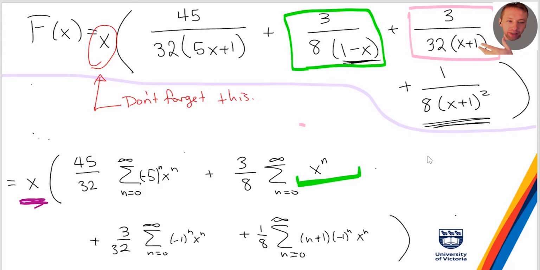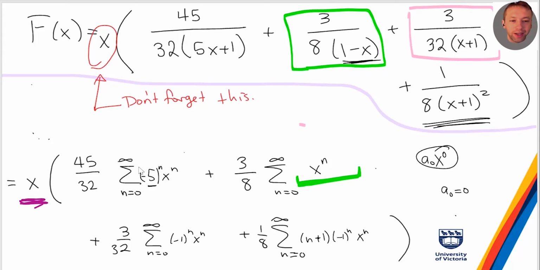So the coefficient of x to the 0 is 0 because of this x. So a0 is 0, but we already knew that. That was our initial condition, so that's good. And for n at least 1, your coefficient is going to be this thing, but with an n minus 1 because of this x.